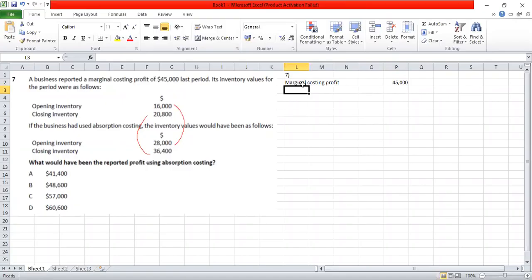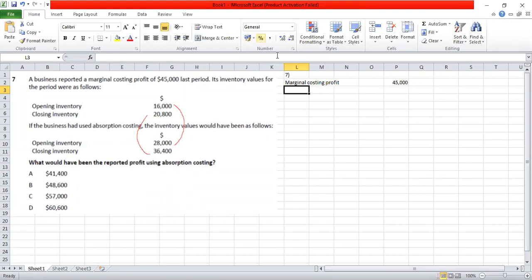First, the opening inventory; the second one is the closing inventory. Opening inventory should have been 28,000 according to absorption costing, but marginal costing has taken only 16,000.